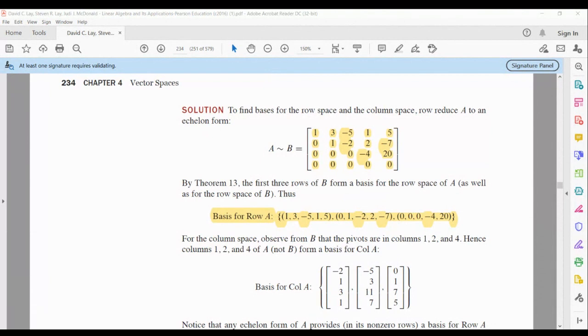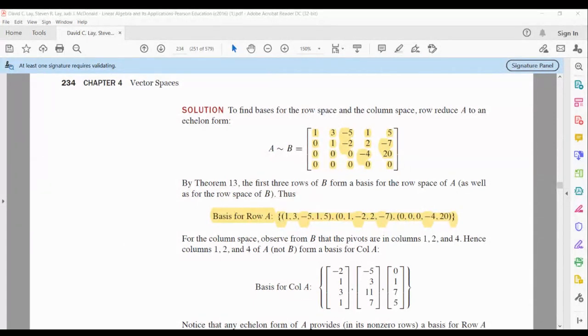Very good, Catherine. Columns 1, 2, and 4 are pivot columns.